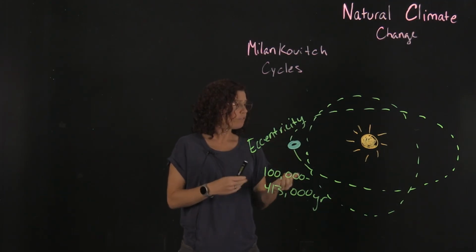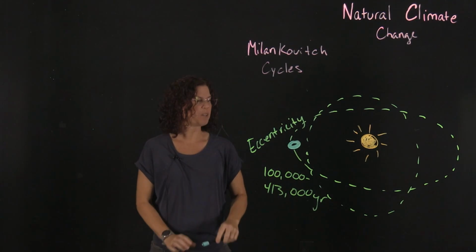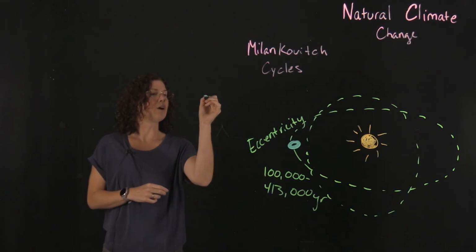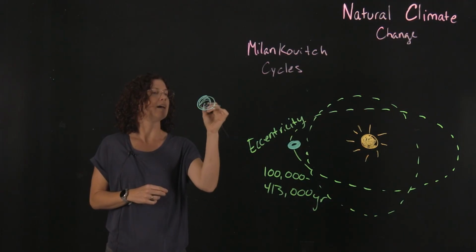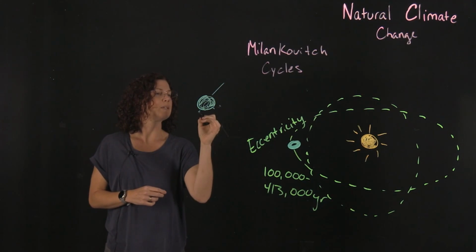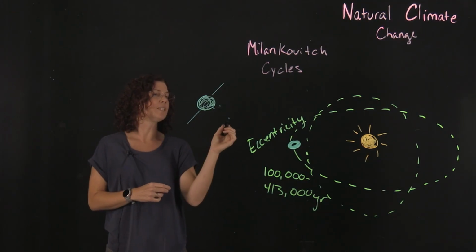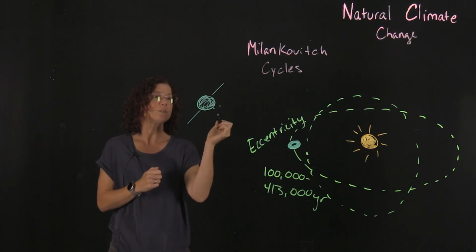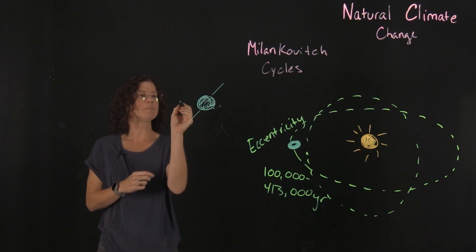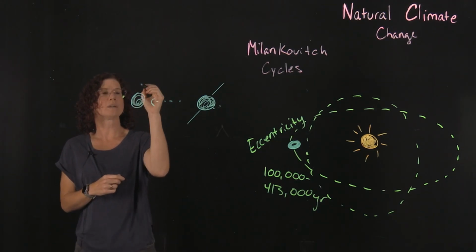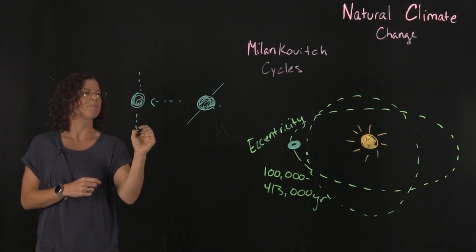And there are another few factors of change that are going to happen over time. Okay, so we have the eccentricity, but we also know that the Earth is on a tilt. And that tilt is sometimes going to be a little bit more tilted, right? So that it is tilting a little bit more directly at times towards the Sun. And sometimes it is going to be a little bit more up and down, okay?